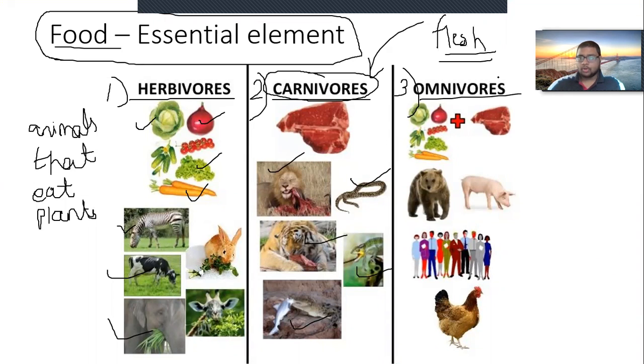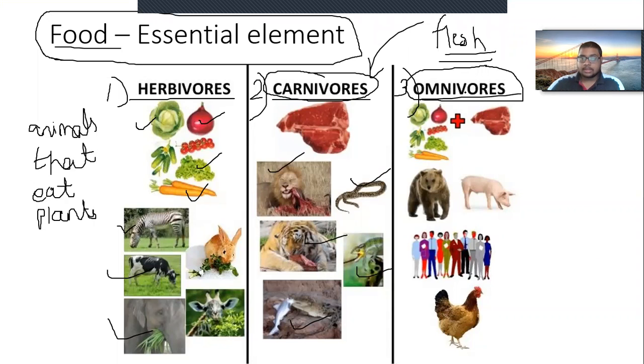Then third, omnivorous animals. Initially we saw herbivorous animals. They only eat plants. Then second, we saw carnivorous animals. They eat flesh. Now, there are certain animals which can eat both. They can eat plants and plant-obtained food and also flesh.